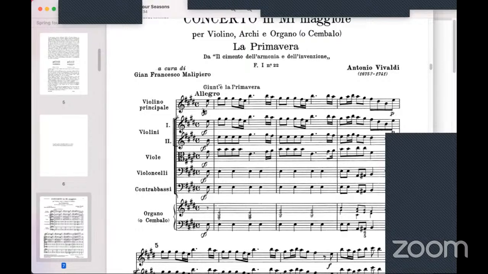So the four seasons, La Stagione, quattro stagioni, La Primavera or the spring.